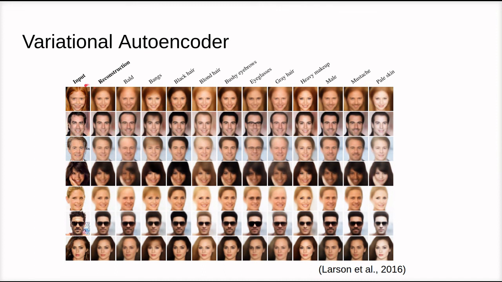So if you look at the individual strands of hair, those are all blurred out. So we see it's learned something, but it's not a realistic or plausible image. And it would be nice to see if we could do something better.